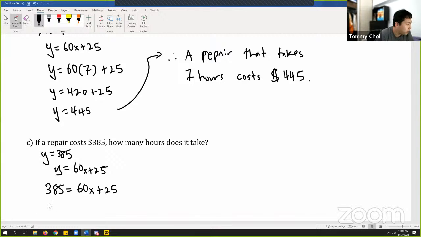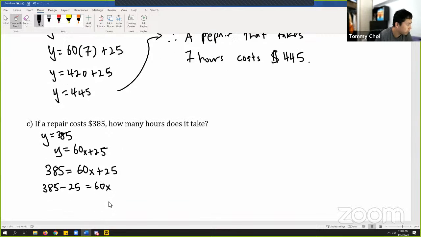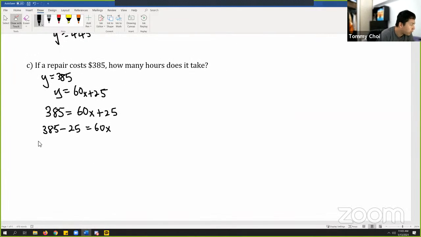Moving the 25 to the left side, I get 385 minus 25 equals 60x. Subtracting this here gives me 360 equals 60x. And I can divide both sides by 60. That will give me 6 is equal to x.